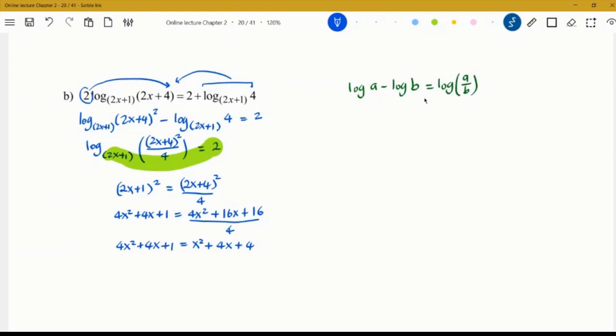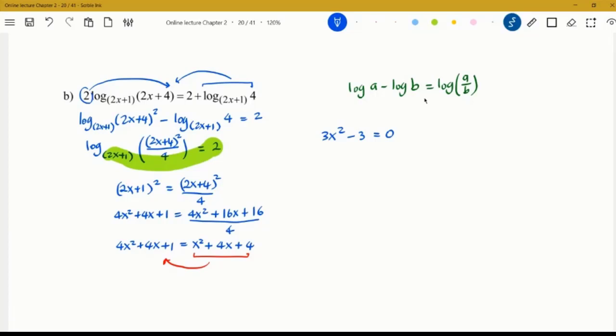So we collect everything to one side and make sure your x squared is a positive x squared. So we bring everything from the right hand side to the left hand side. So it's gonna be 3x squared, and then 4x cancels out, so we end up with minus 3 equal to 0.